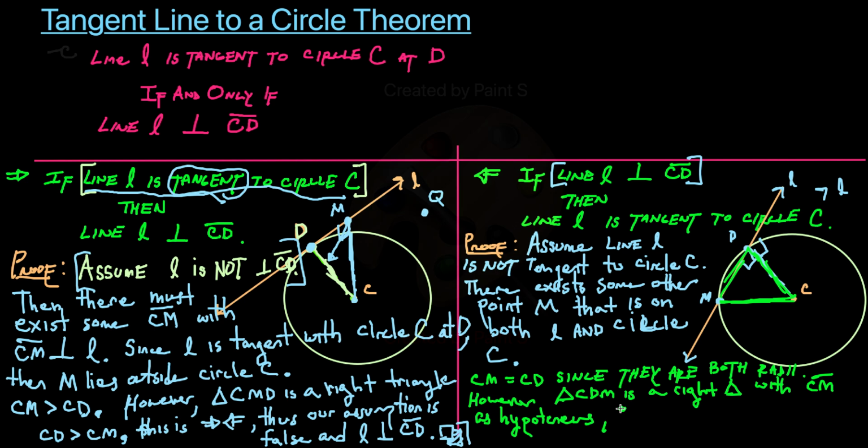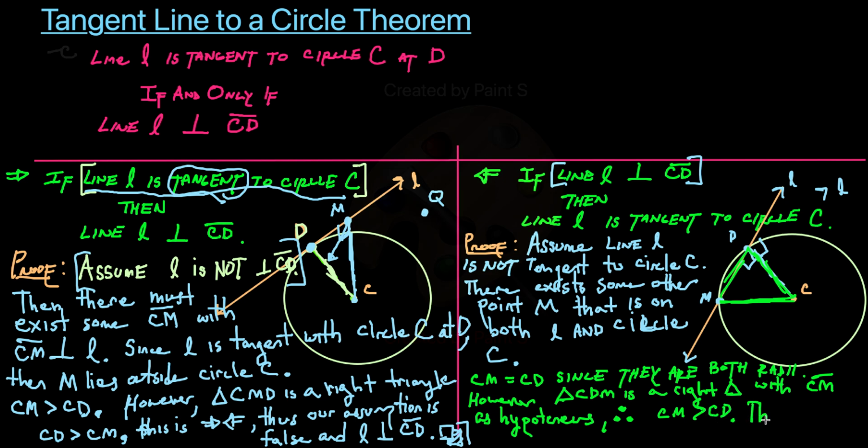Therefore, the three dots means therefore, CM, the distance from C to M, must be greater than the distance from C to D. Because it's the longest side in this right triangle, it's the hypotenuse. CM must be greater than CD.